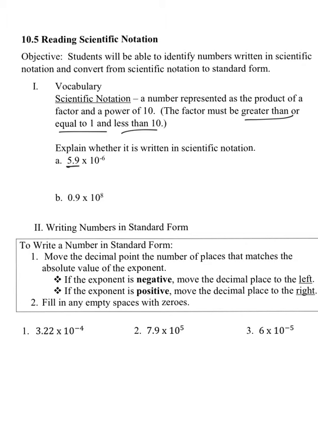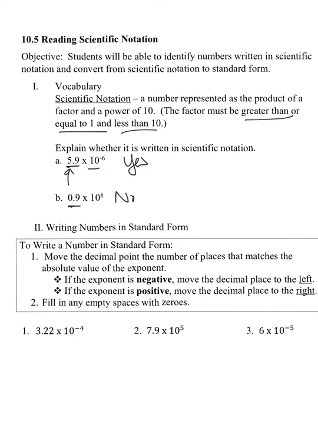And then it has to be multiplied by a power of 10, which this one is. So yes, this one is written in scientific notation, because the factor is in between 1 and 10. If you look at B, no, this isn't scientific notation, since it is 9/10, which is not a number that's in between 1 and 10.